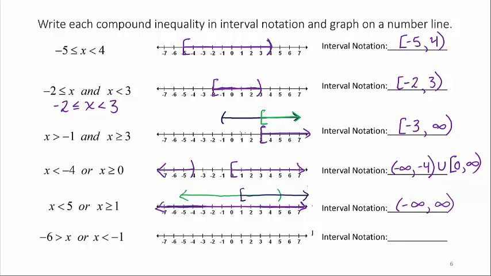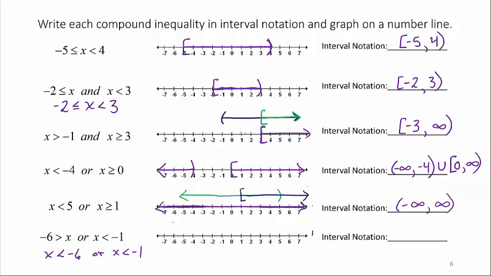So in this last example, -6 greater than x or x less than -1, that little trick I've been talking about with shading the number line the way the arrow points, it only works if x is over on the left. So since we have -6 greater than x, it's the same thing as saying x less than -6 or x less than -1, right?